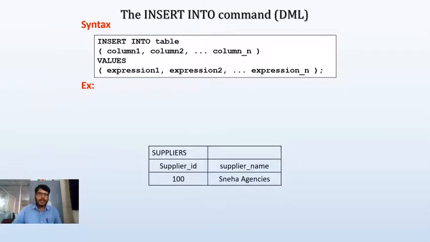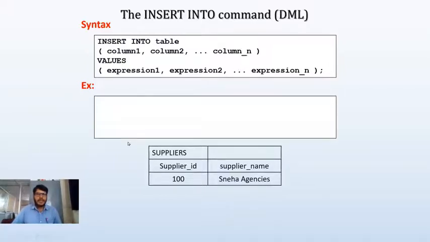So how can it be done? How do we write the statement? We have to use the INSERT INTO keyword. After INSERT INTO, we should specify the table name. In this case, we are trying to insert a new record into the suppliers table. So we write INSERT INTO suppliers.